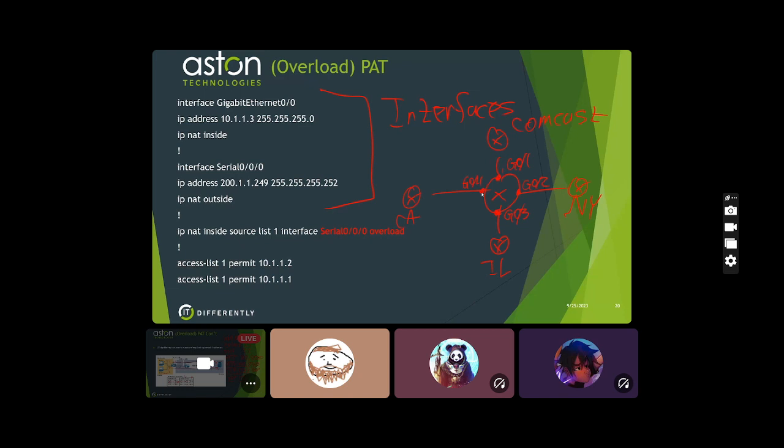Which of these interfaces is going to have a public IP address? G01. What about the other 3? They'll go through private IP addresses, right? So they're on the inside.